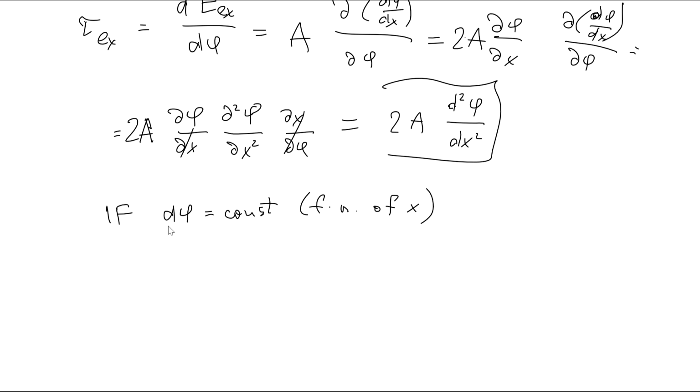Actually not d phi, that would mean that d phi/dx is constant. If d phi/dx is constant, then our torque due to exchange is equal to 0. So basically, if you turn spins with a constant angle, then there is no torque on spins, and they would be turning.